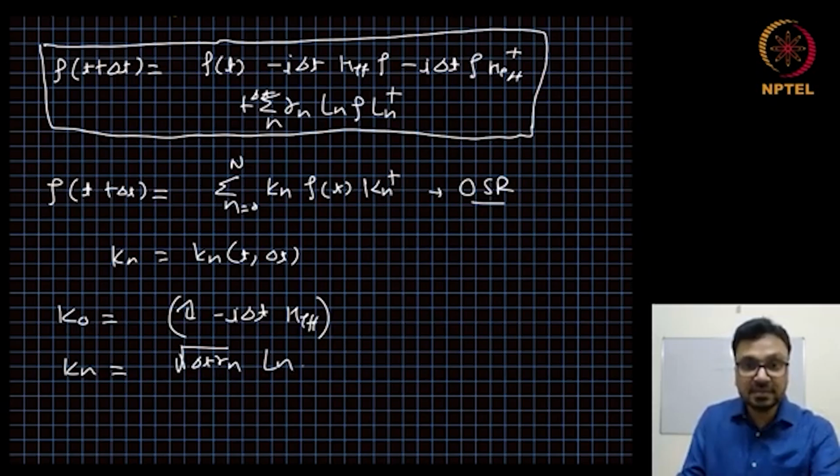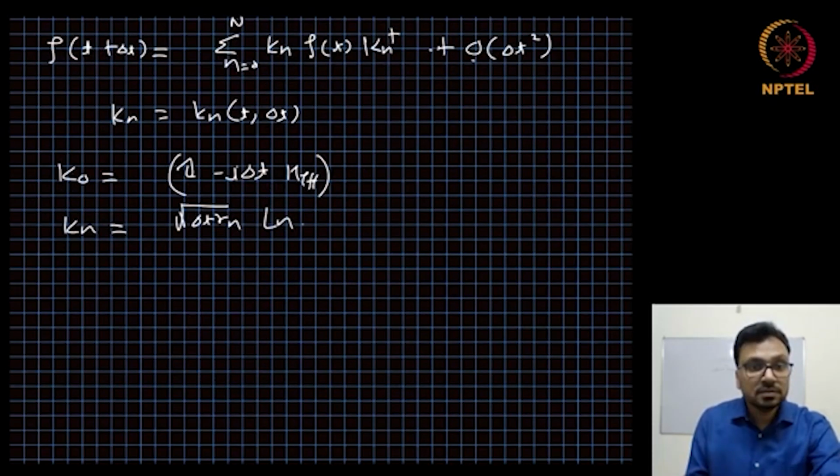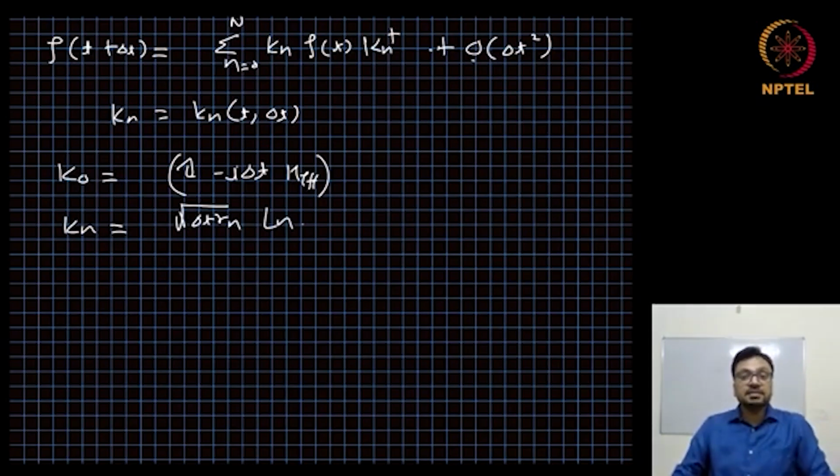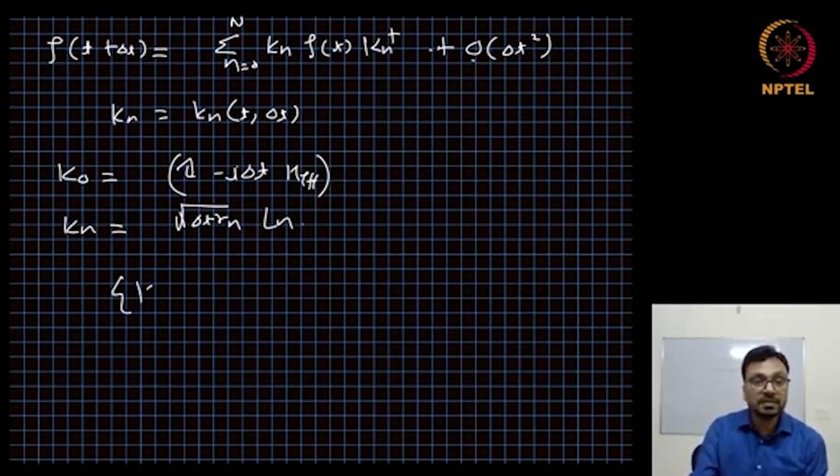In this representation, we are discarding the delta t square term. So we have represented the Lindblad master equation, or the solution of that, in terms of a small time step evolution, and that evolution is governed by the Kraus operators Kn, where n is from 0 to capital N, and they are given by the effective Hamiltonian, which is non-Hermitian, and the Lindblad operators.